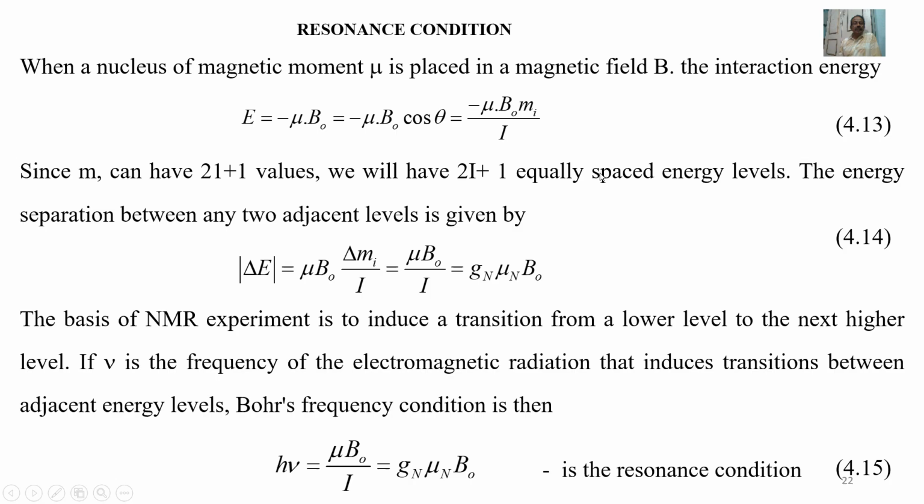The energy separation between two adjacent levels is given by del E equals mu B naught del m_l divided by I, which is g_n mu_n B naught.